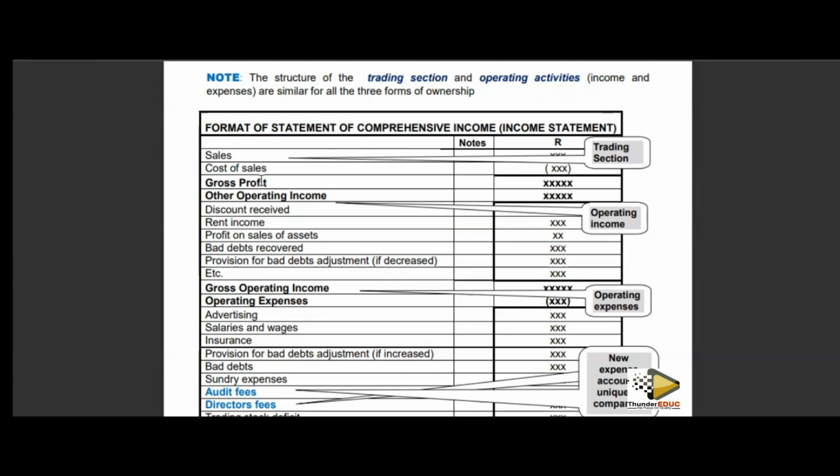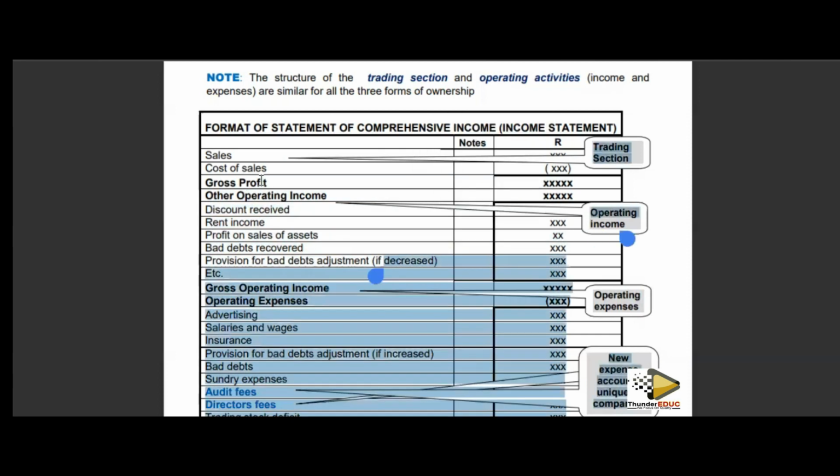Now, sales, this is the amount we get from selling our goods. Those are our sales. For example, if we sell and we get 1 million, let me do some writing in here.